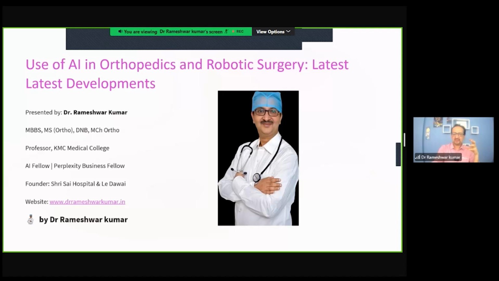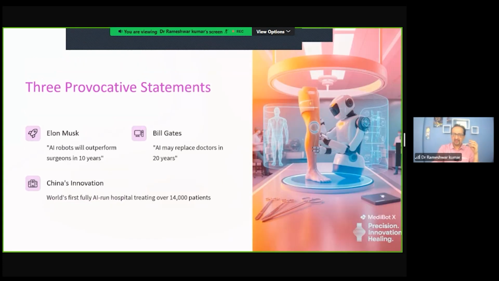This is really thought-provoking. Is AI going to replace doctors? This is the question in my mind. Through my presentation, I would like to answer whether these facts are really true and what the truth behind them is.